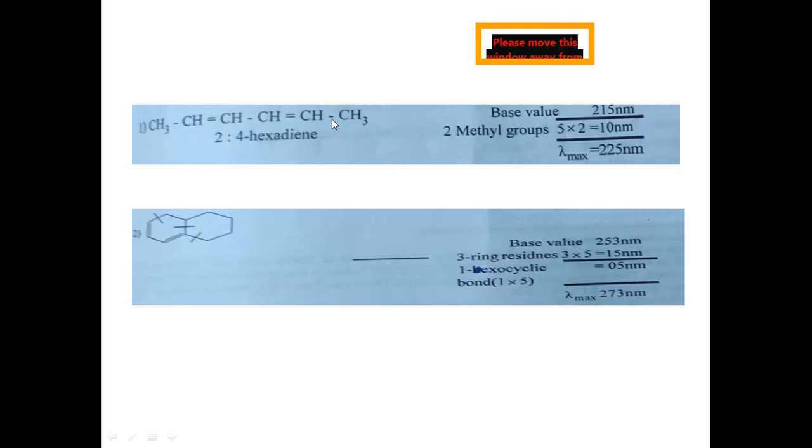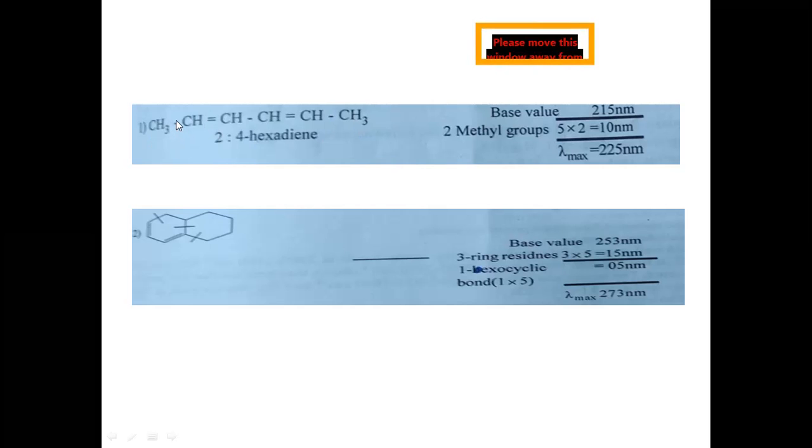Now this is CH2. From this CH2, we have replaced one hydrogen atom by a methyl group. So it is one alkyl substituent. Now here, out of this CH2, one hydrogen atom is again replaced by a methyl group.